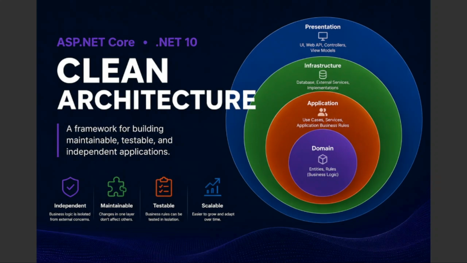Outer layers may depend on inner layers, but inner layers never know anything about the outside world. Domain doesn't know about SQL Server. It doesn't know about ASP.NET Core, Entity Framework, Web API, whatever. It only knows business rules. If you remember only one thing from this video, remember it.